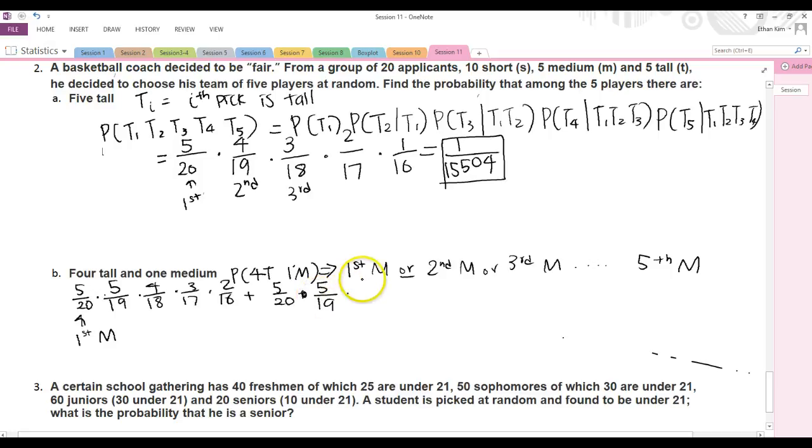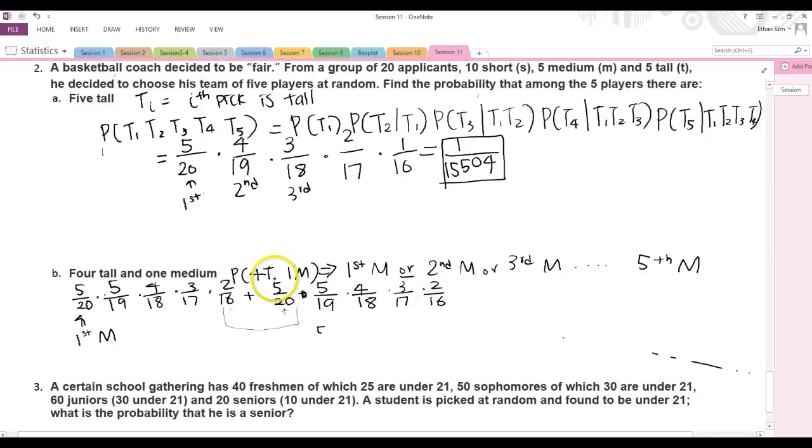And then we're picking the second tall, and we've already chosen another tall person, so it's going to be 4 out of 18, and then 3 out of 17, 2 out of 16. So if you look at this, these two are identical, right? These two are identical.